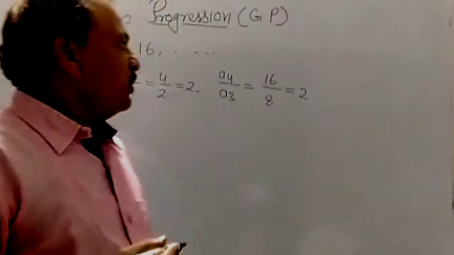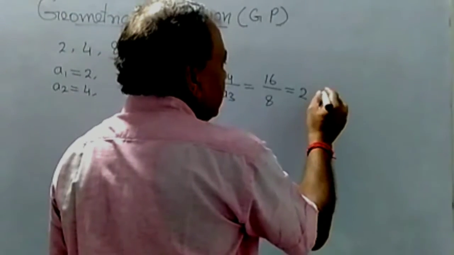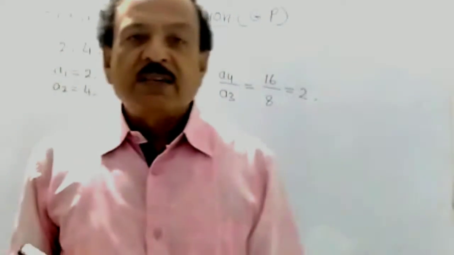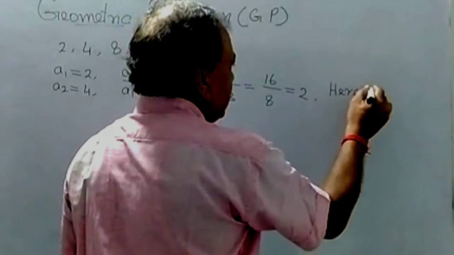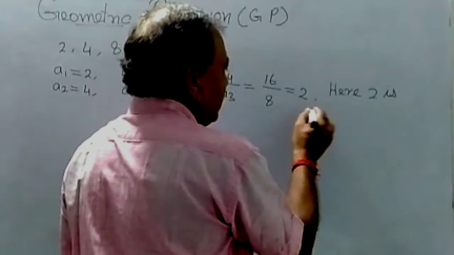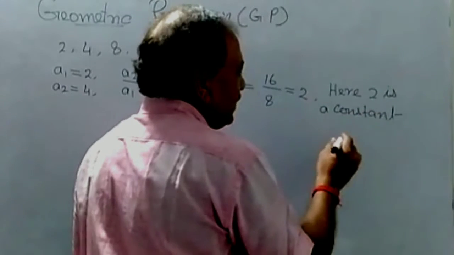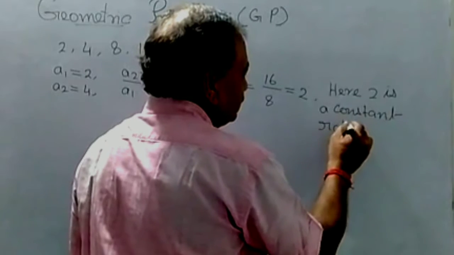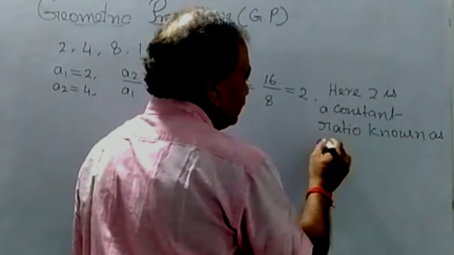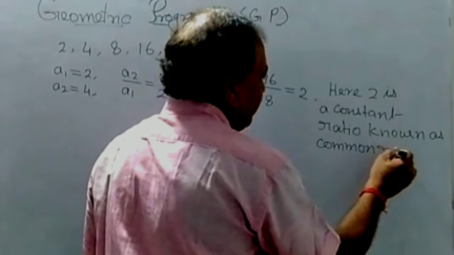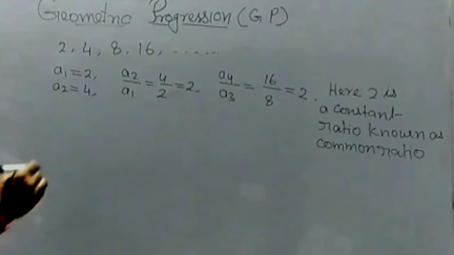This constant ratio is known as the common ratio. Now consider another example.